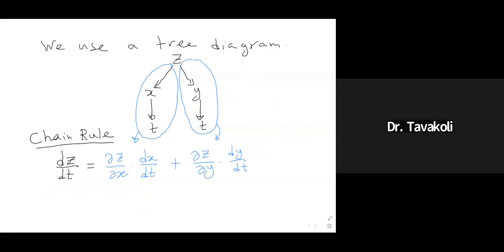Okay, let's do another example. Let z be a function of x and y defined this way: sine of 2x times cosine of 3y.